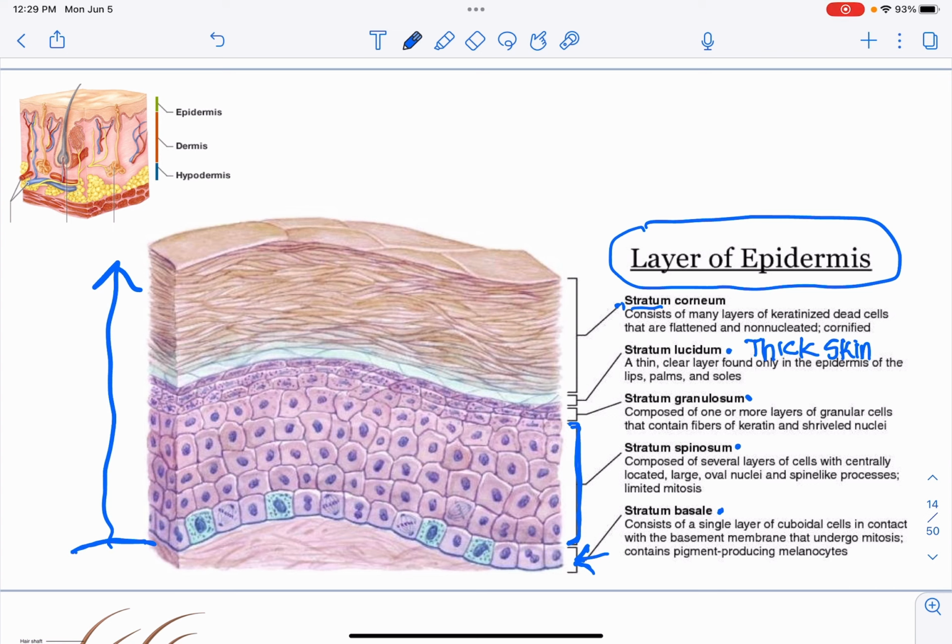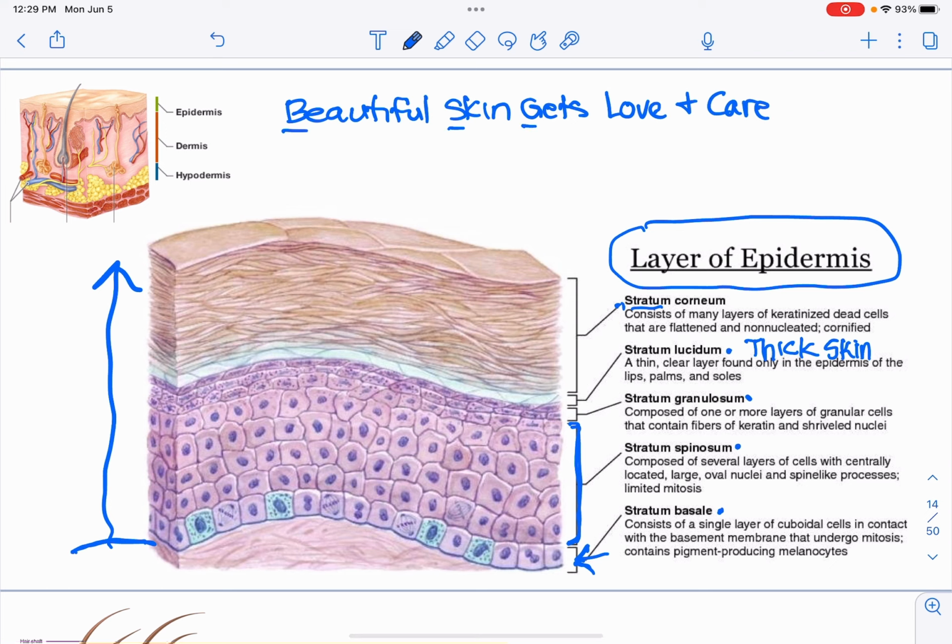The mnemonic that I'm going to give you to help you memorize these layers, and then again, I'm going to go over what is happening in each layer, is the following: Beautiful skin gets love and care. So the B in beautiful is for stratum basale.